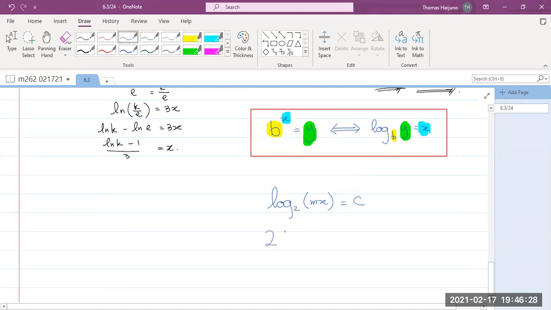So 2 to the log base 2 of mx equals 2 to the c. Some people do it this way even until now. I did it this way also before, and then I said, oh, one of the properties says that base to the log of the same base cancels, giving us the argument only.